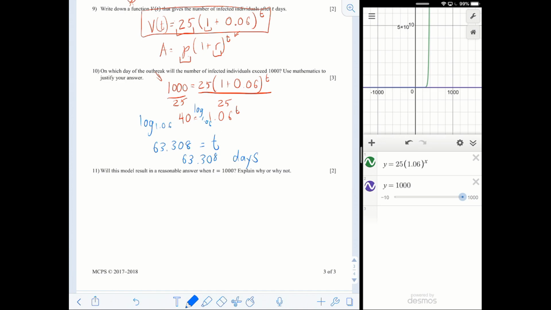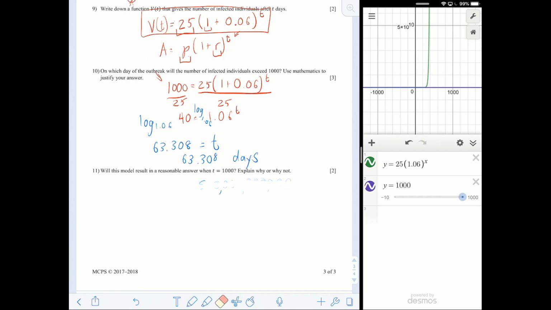So will it be a reasonable model? That means we're saying 5 with 10 zeros. 1, 2, 3, 4, 5, 6, 7, 8, 9, 10. So we're talking about 50 billion people. Now, in the grand scheme of things, are there 50 billion people in Maryland?